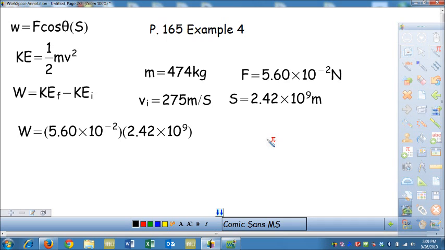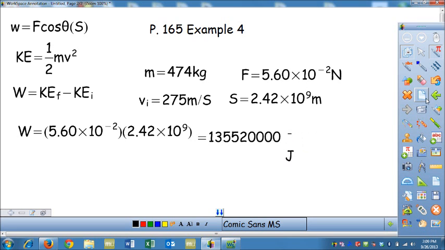So we have 5.6, then the double E, negative 2, times 2.42, double E, 9, and I get 135,520,000, and of course joules.